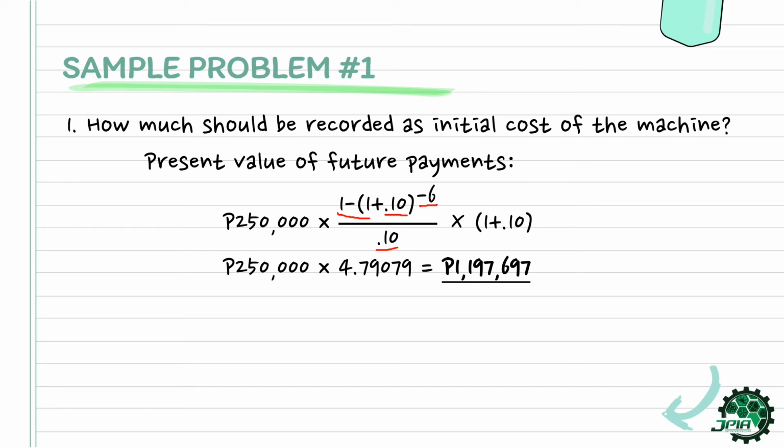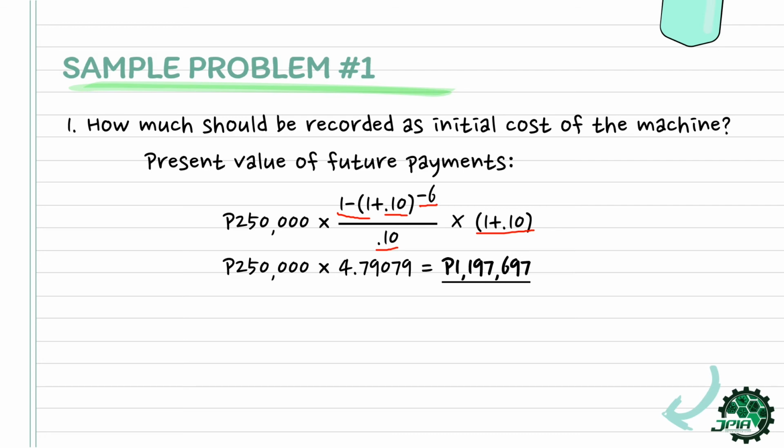Ngayon, bakit nagkaroon dito ng times 1 plus 0.10? Kung babalikan niyo yung problem, ang first payment daw ay kasabay ng acquisition of the machine. So December 31, 2021 na-acquire, and December 31, 2021 din nagkaroon ng first payment. So, ibig sabihin, ang gagamitin nating formula is annuity due. In the formula of annuity due, kailangan nating i-multiply pa yung present value sa 1 plus the prevailing rate.